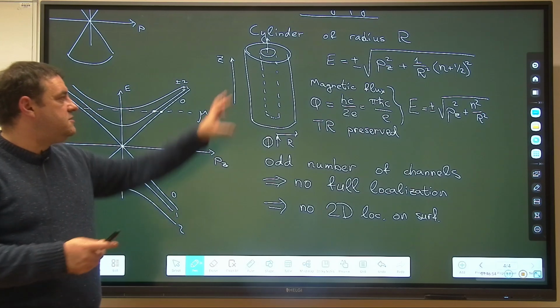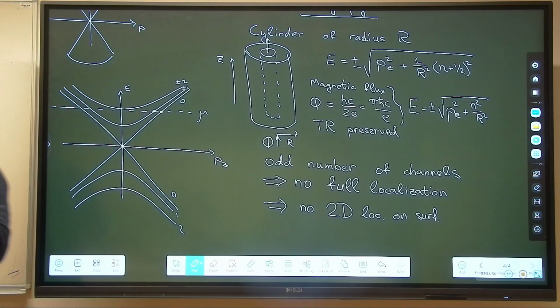And these electrons will never even learn that they live on the cylinder because they are localized on a scale where they don't see the boundary condition, the periodicity. So if everything is localized in 2 dimensions, it means that also everything should be localized in 1 dimension in this cylinder. And vice versa, if not everything is localized in 1 dimension, it means not everything can be localized in 2 dimensions.